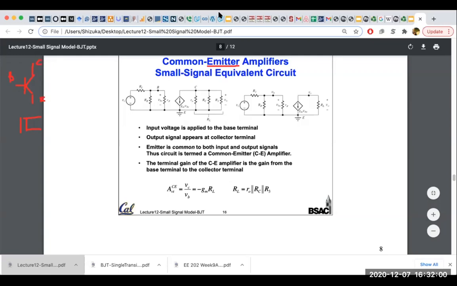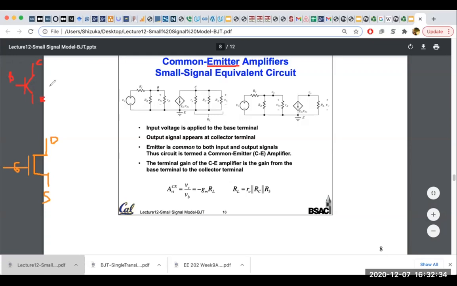And let me redraw the MOS somewhere, which is not really interfering. And for the CMOS, you have the gate. For an NMOS, you have the drain, you have the source. So you have three types of amplifiers for either circuit, and the logic is the same.